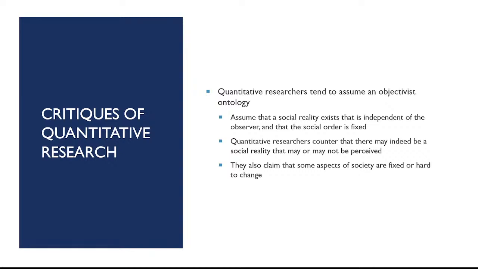Yeah, you had a question in the back. I got a little bit confused about what objectivist ontology was. Do you mind just going over the definition? Okay, yeah, of course, from the beginning of the course. Objectivist ontology is basically the assumption that there is an objective world out there that you can measure. The social world exists, and you can ask questions about it and get objective results.